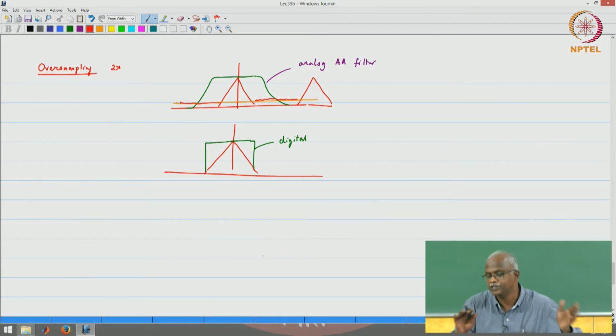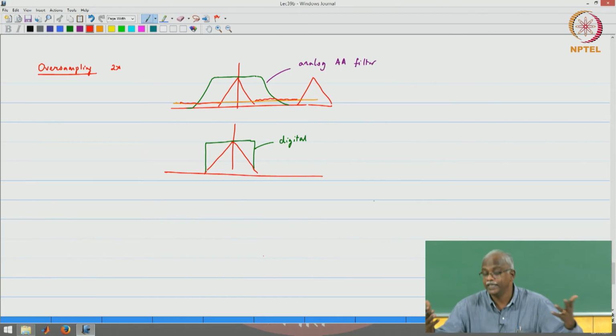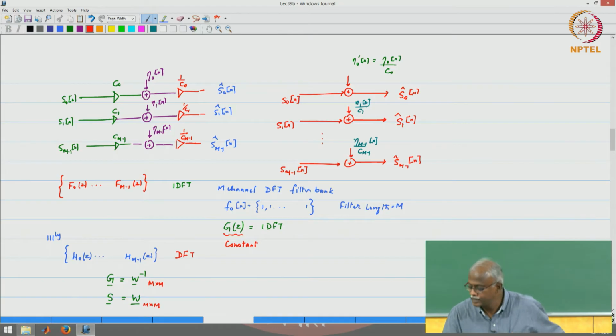I do not know what is outside. I have my desired signal, and there could be something beyond my desired signal, outside the bandwidth, and it is that portion. So it should not be orange. It should be something else, which is part of the continuous time signal that is present there.